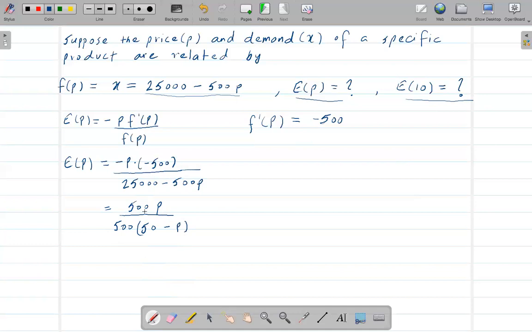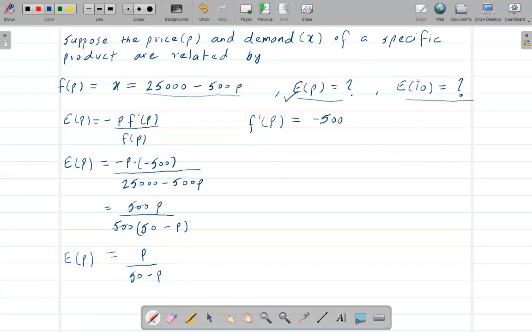You can see 500 times 50 is 25,000, and 500 times negative p is negative 500p, so these two are the same thing. Now I can cancel this 500 with 500, so our simplified answer, the E sub P, or elasticity of demand, is P over 50 minus P. That's what we are looking for, and we got that, right?